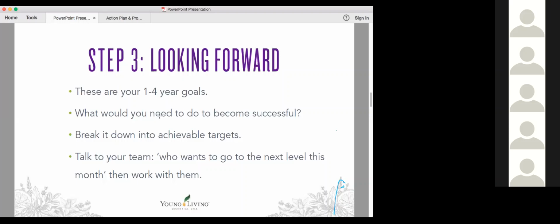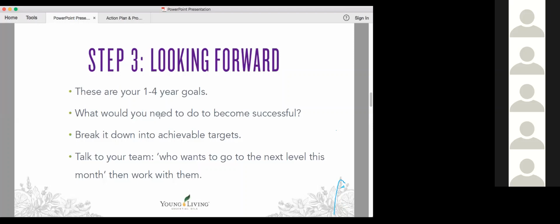So if you stop and start managing everybody else, your team will do the same thing. You need to make sure you're continually enrolling and working that part of the business so that you're creating that new energy continually in your business.